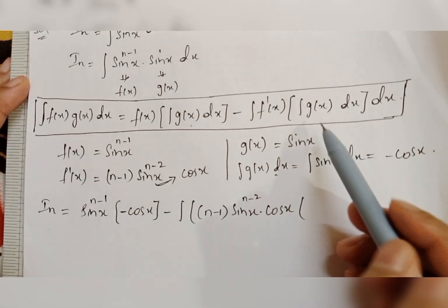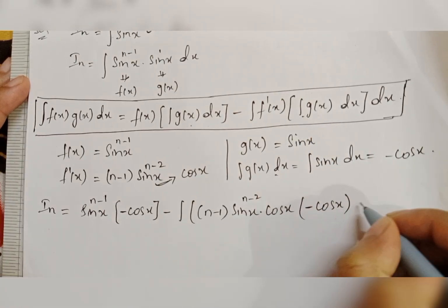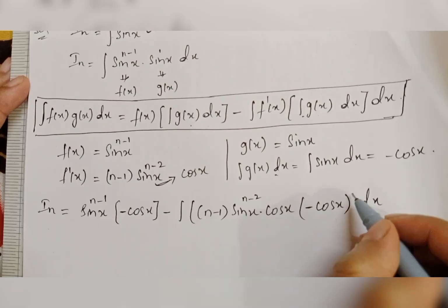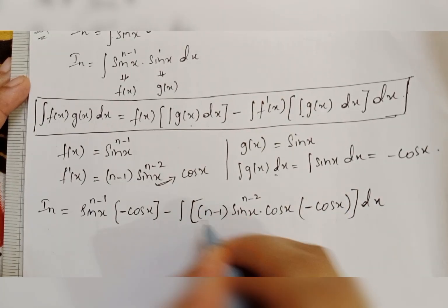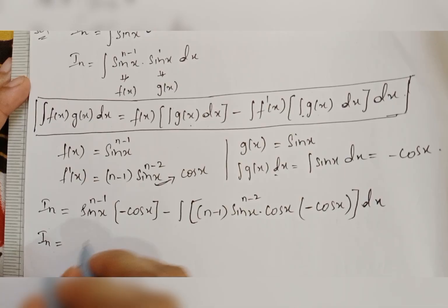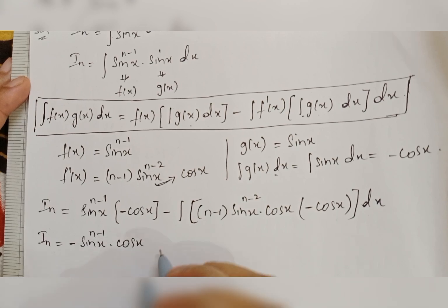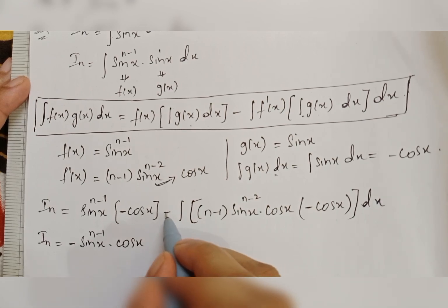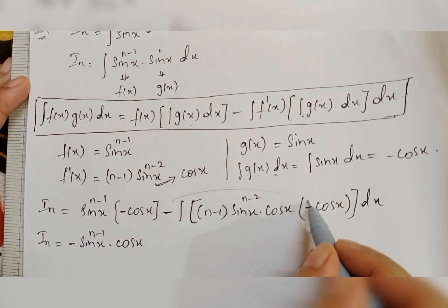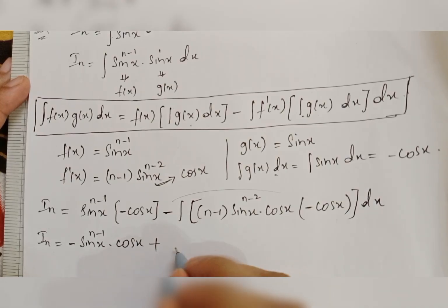And next is the integral of g of x dx, which is equal to minus cos x, whole dx, right? Yes, so our equation will become I_n equal to, this minus we'll write first, minus sin x power n minus 1 into cos x, right? And here this minus and this minus get multiplied, so this becomes plus, and n minus 1 I'll write outside as it is a constant term.